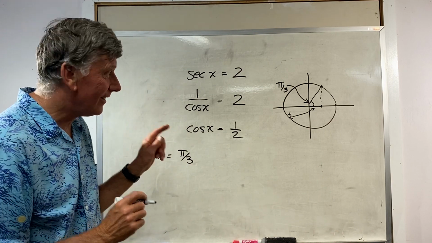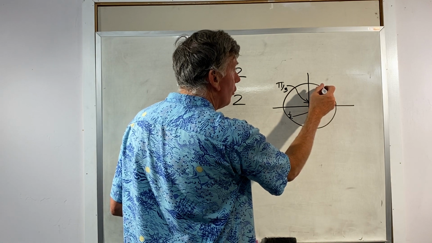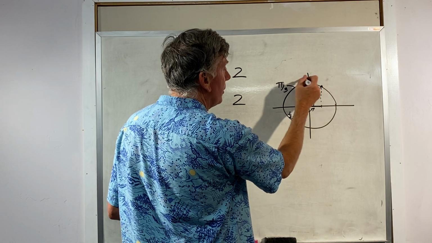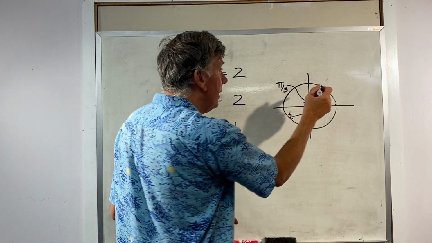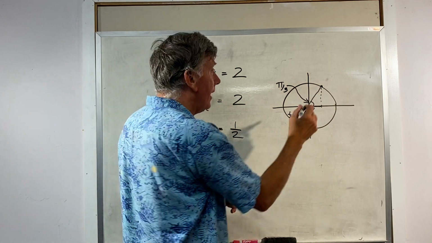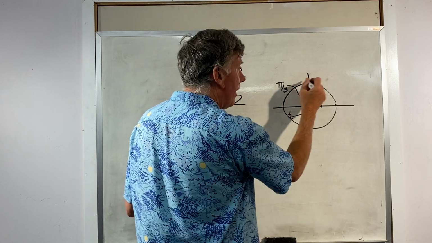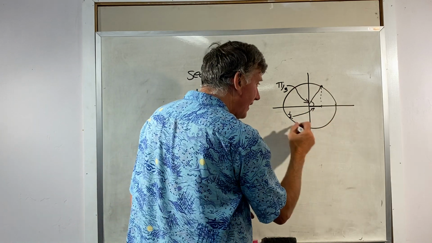a box around it, except not only is this the angle, but the coterminal angles to this, which means we go 2 pi around, that's also an answer. And another 2 pi around, that's an answer. And going the other way, 2 pi, that's an answer, and going that way again, 2 pi.